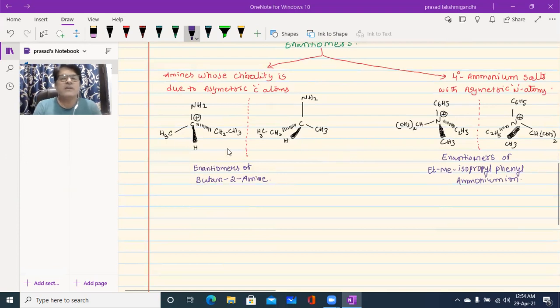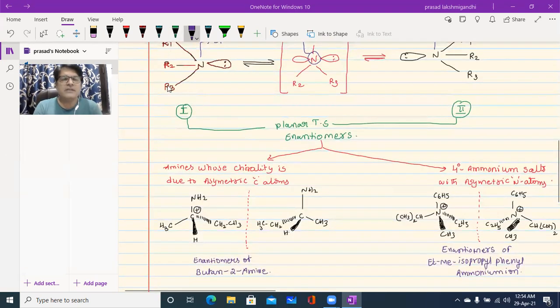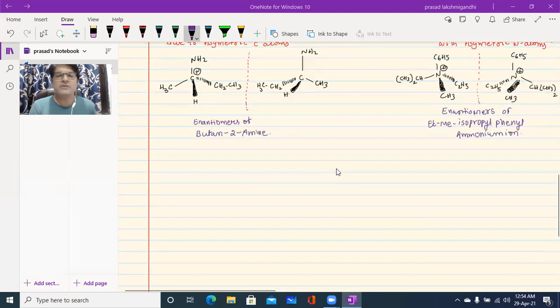And one more thing: whenever there are R1, R2, R3, not only nitrogen, but if oxygen is also attached to the nitrogen, I'm going to write it. The next point: N-oxides, where oxygen is attached to the nitrogen of tertiary amines having different groups.